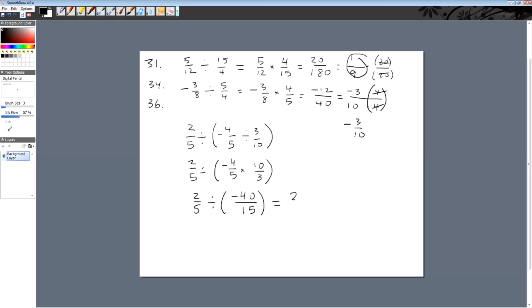This is the same as saying 2/5 times the inverse, 15/-40. Okay, so we can multiply this through. 2 times 15 is 30. 5 times -40 is -200.